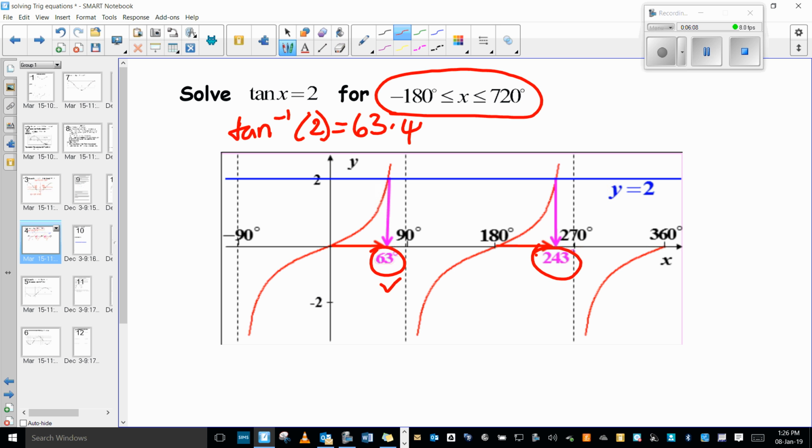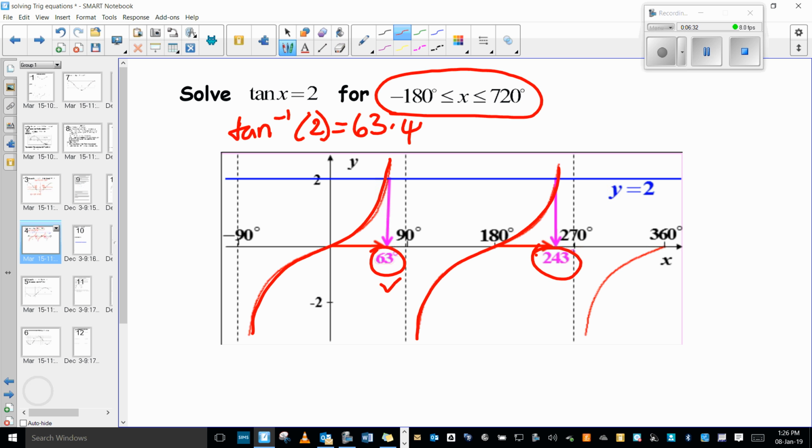Now, for this one, it's not necessarily so much looking at symmetry, but remembering how this pattern repeats. If this is one of our bits of our graph, this bit is going to be the same as it, yes? So it repeats every 180 degrees. Do you remember that?